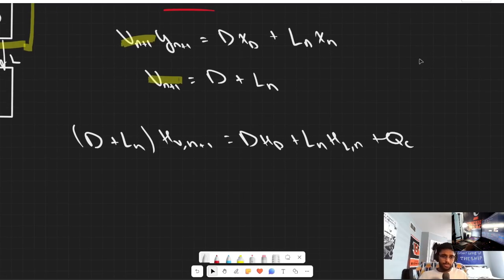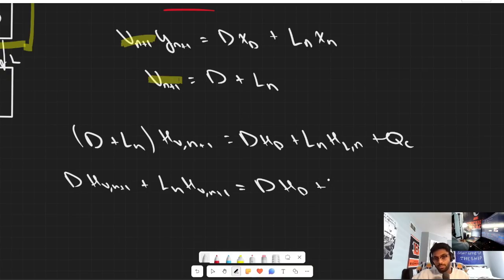And let's combine like terms here, right? So I'll multiply this out really quick. So D HV n plus 1 plus Ln HV n plus 1 equals D times HD. You get the point. I think I'll get my liquid flow rates on this side, and I'll get my distillate flow rates on this side.